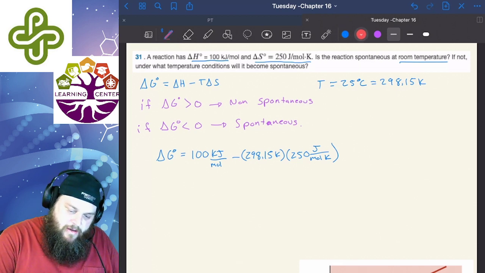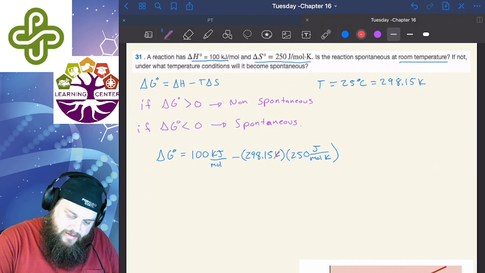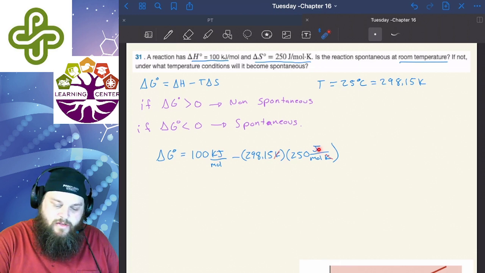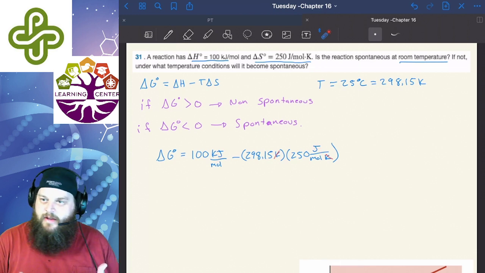We can see here the Kelvins are going to cancel out. One thing to note is that we have kilojoules on this term and joules on that term. So we don't want to straight subtract those just yet.